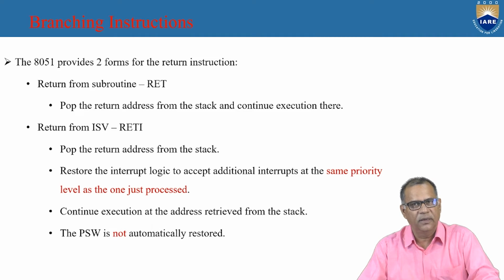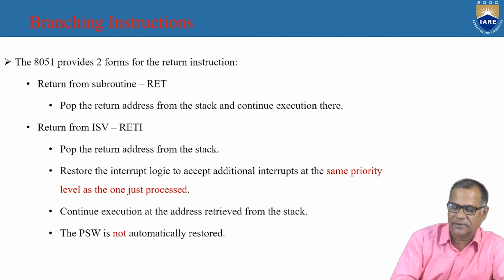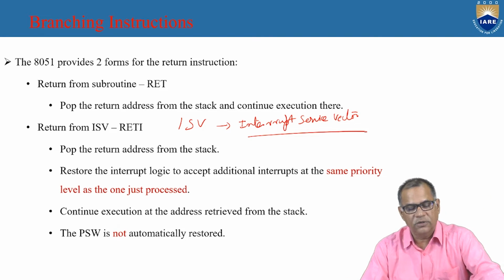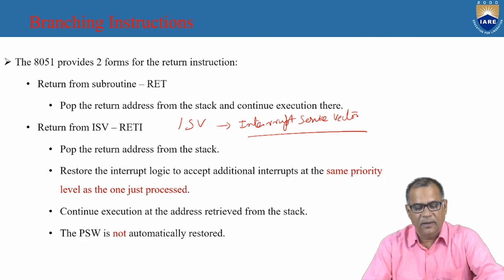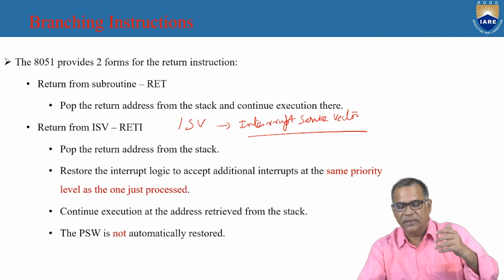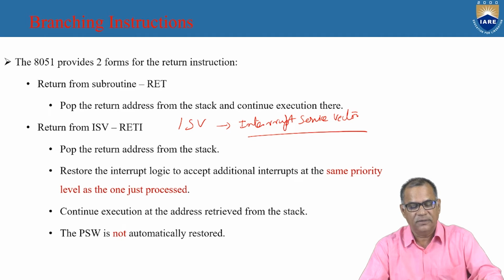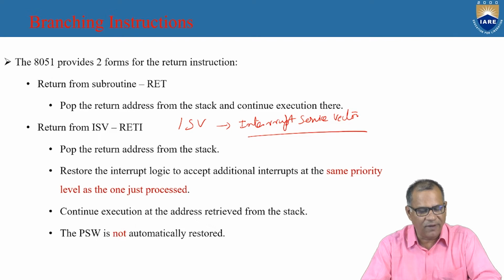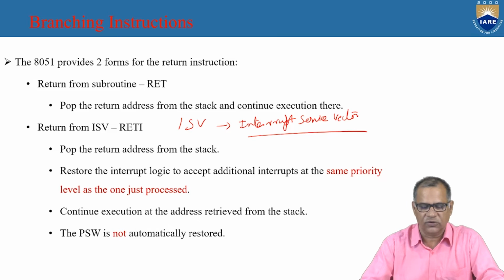But when you return from the interrupt service vector, ISV being the interrupt service vector, pop the return address from the stack and then restore the interrupt logic to accept additional interrupts at the same priority level as the one just processed, and then continue the execution at the address retrieved from the stack. And the PSW, which is the flag register, is not automatically restored.